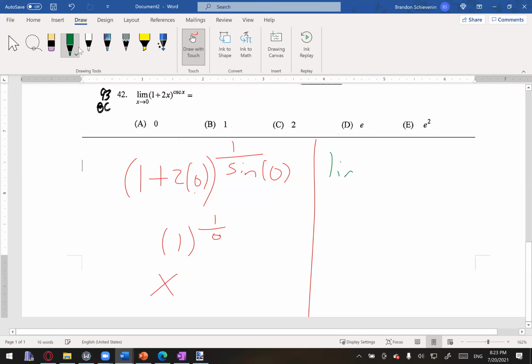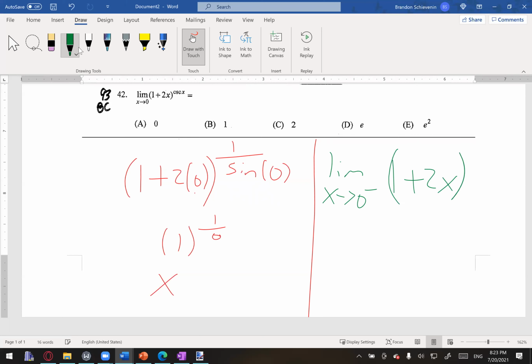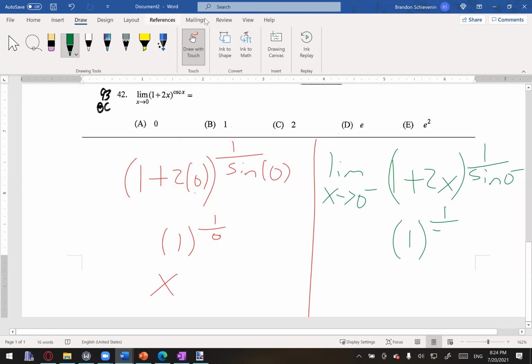If I take the limit as x approaches 0 from the left, then this will become 1 raised to the 1 over negative infinity, which is still 1.